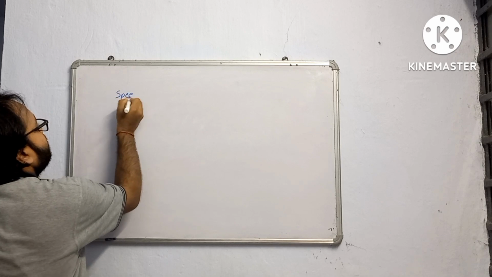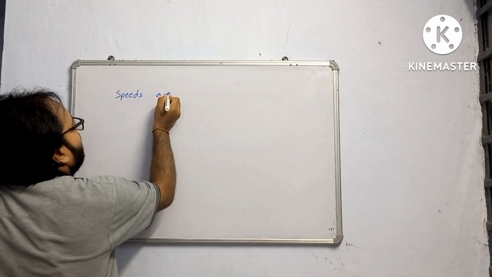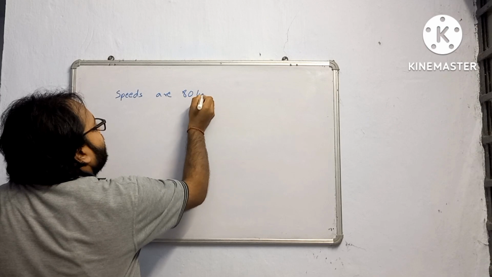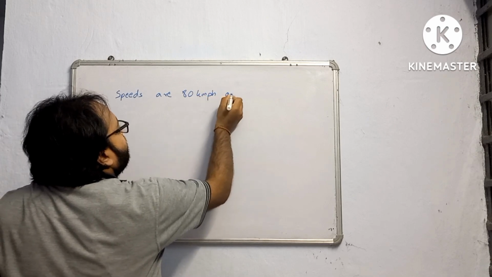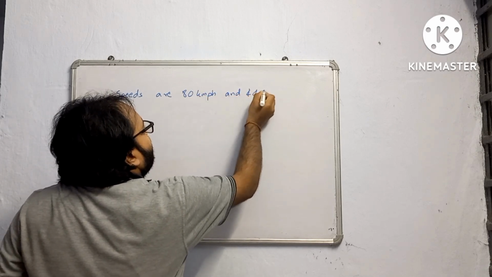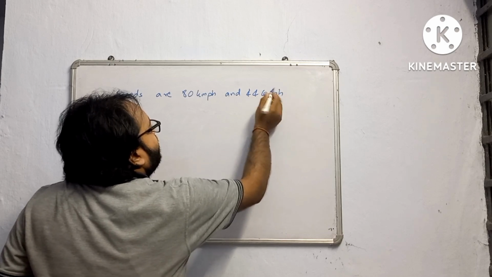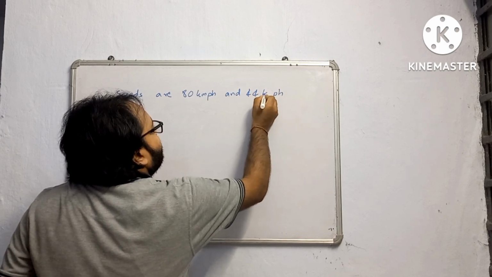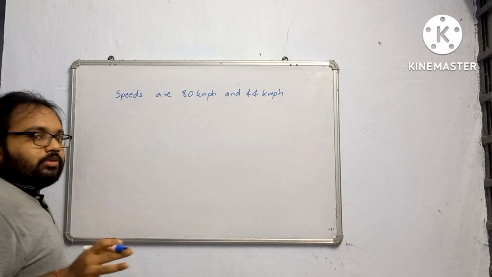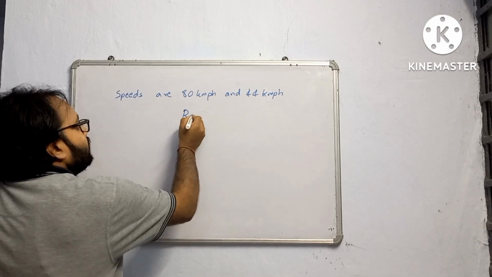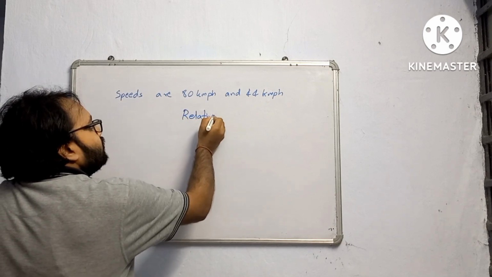So speeds are 80 km per hour and 44 km per hour. This is kmph. We know whenever this type of question comes, we have to apply the relative velocity concept.